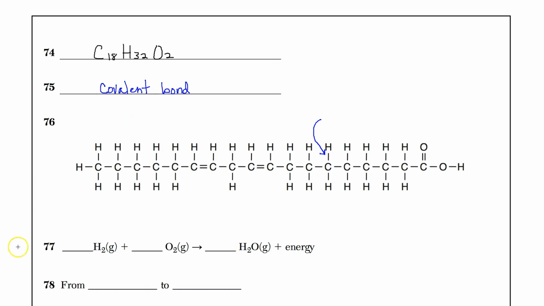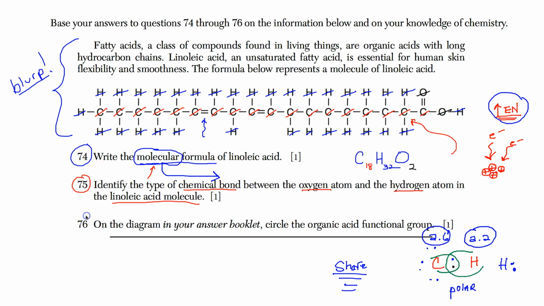Any case, on to number 76. Number 76, on your diagram in your answer booklet, circle the organic functional group. This is the arrangement of a certain type of carbon, hydrogen, nitrogen, or oxygen on a hydrocarbon chain that gives its functionality.